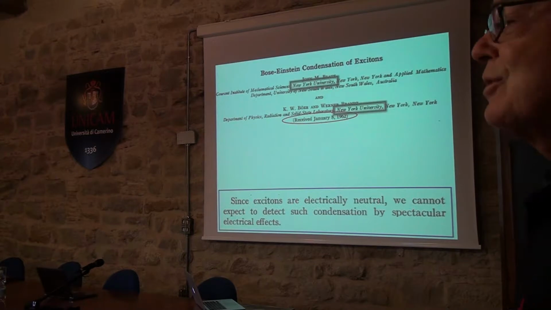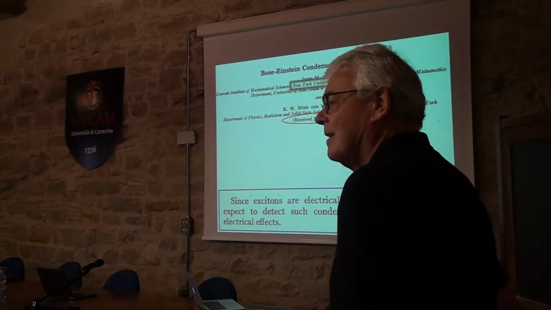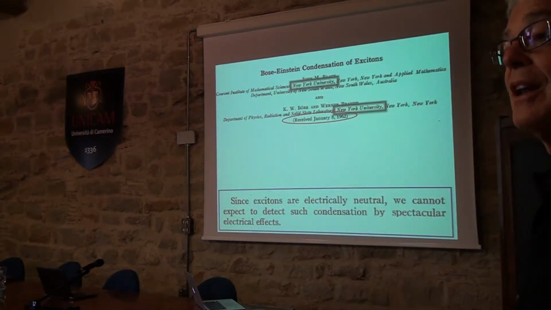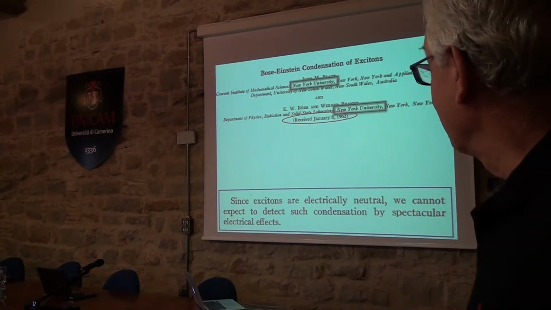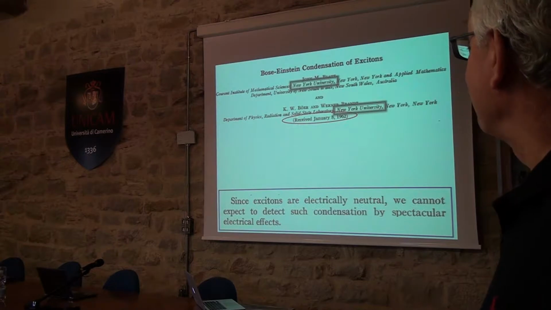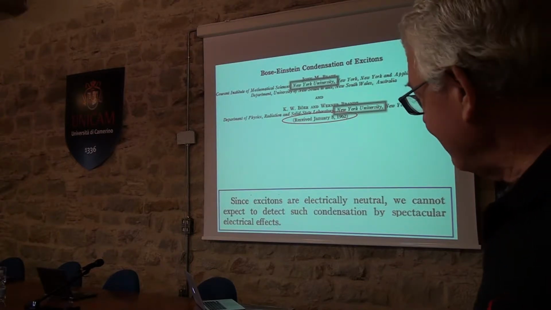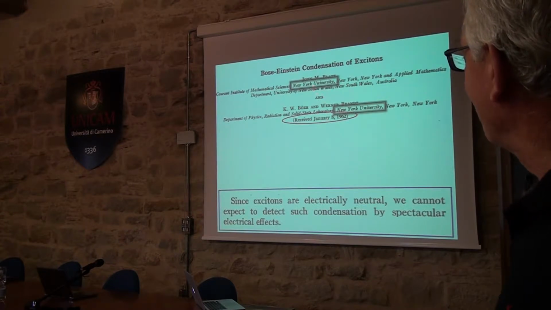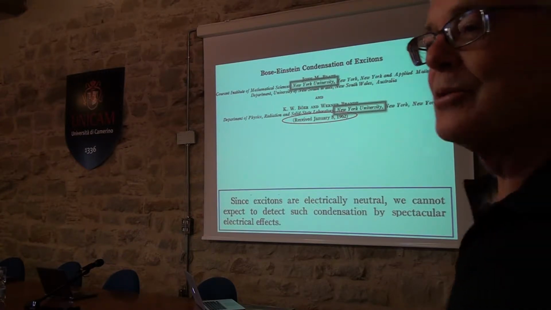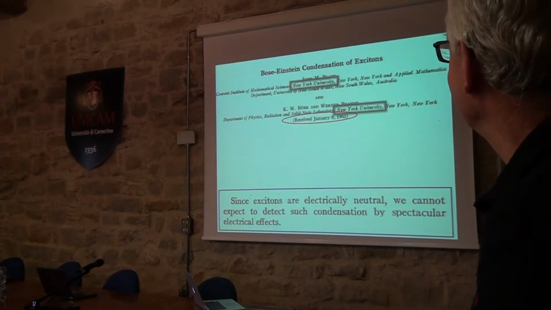So it's interesting, these ideas have been around for a long, long time, and many things have been said about them in the absence of experiments. This is the oldest paper I know which talks about Bose-Einstein condensation of excitons.